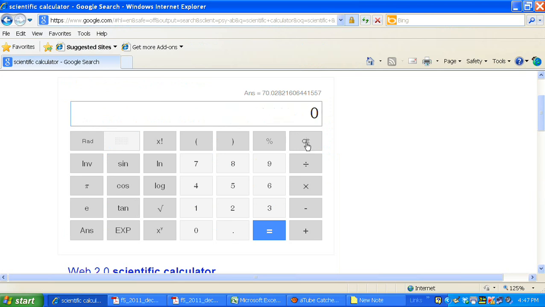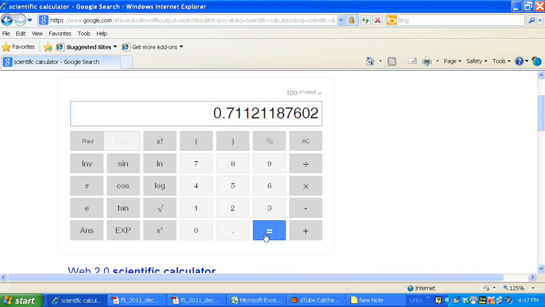So let's see if we can calculate this. We have 100, and we're raising it to negative 0.074.